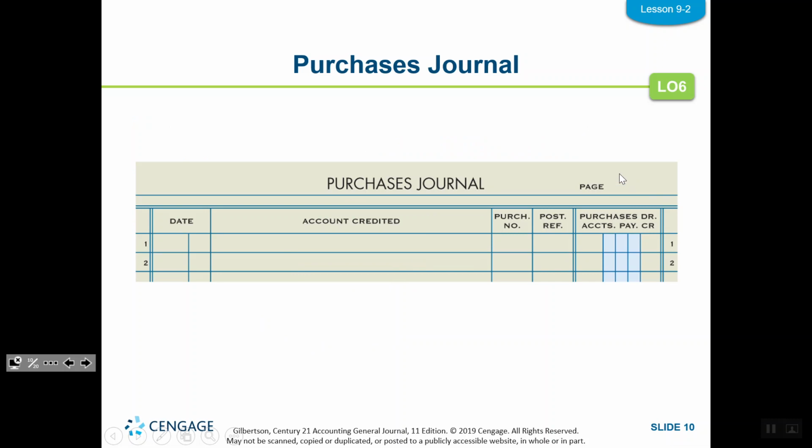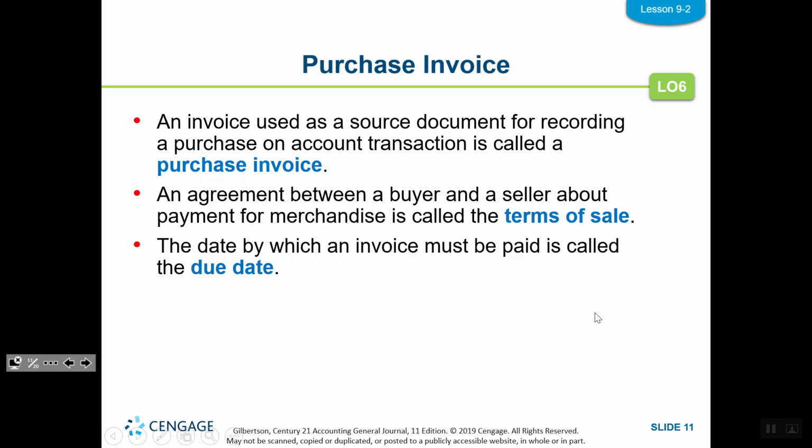You see we have the page number, the date, account credited, purchase number, post reference, purchases debit, and accounts payable credit. An invoice used as a source document for recording a purchase on account transaction is a purchase invoice. The agreement between a buyer and seller about payment for merchandise is the terms of sale. And the date by which an invoice must be paid is the due date.